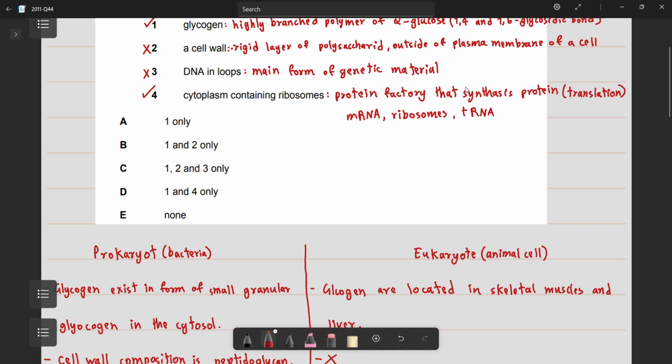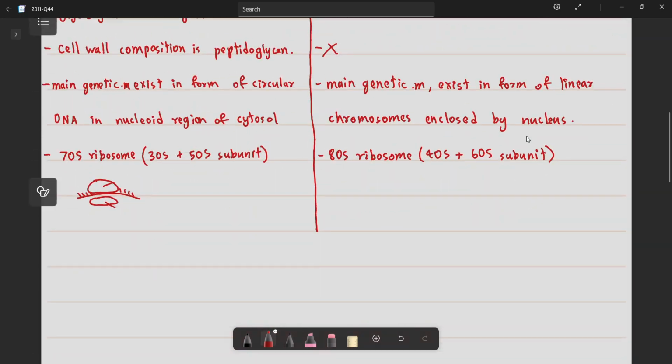And one more thing I want to mention, the reason why they specified cytoplasm. In eukaryotes, the ribosomes can also be found in a structure called endoplasmic reticulum. If the ribosome binds around the endoplasmic reticulum, it forms a rough endoplasmic reticulum.